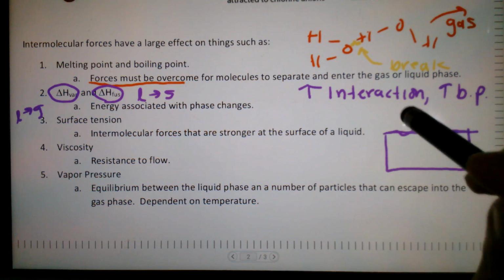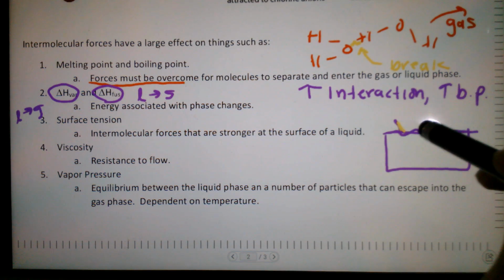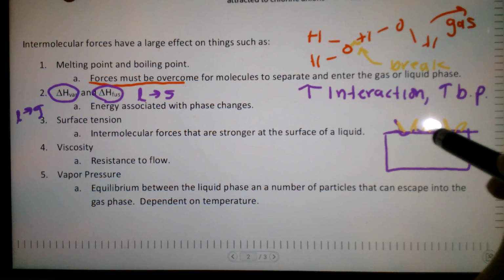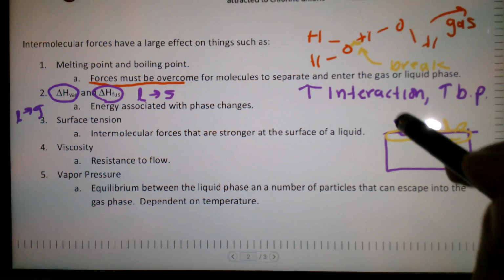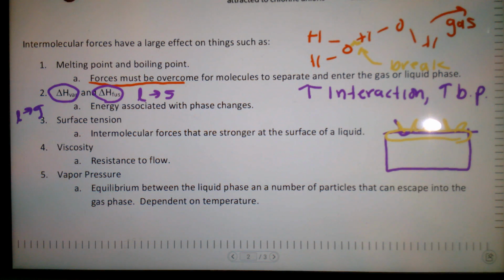At the surface, there's no way to form interactions this way, so they kind of double up at the surface. Instead of forming interactions with something above it, it's just going to form doubly strong interactions with its neighbors at the surface of the liquid. So you get an increased interaction between molecules at the surface of the liquid.